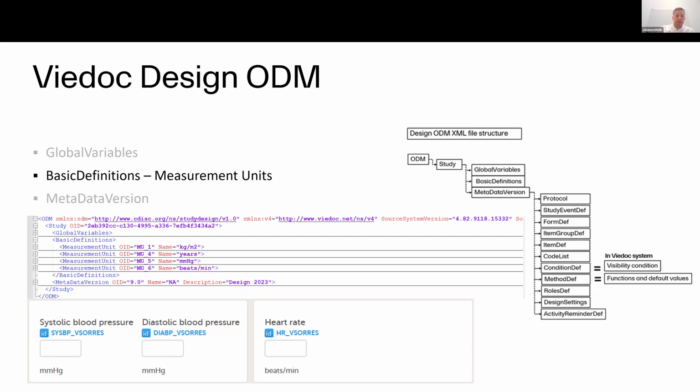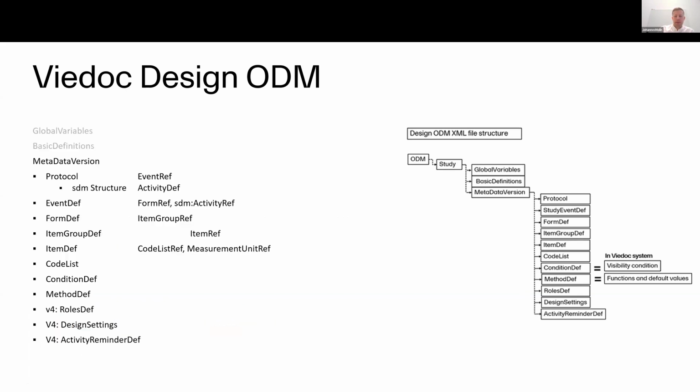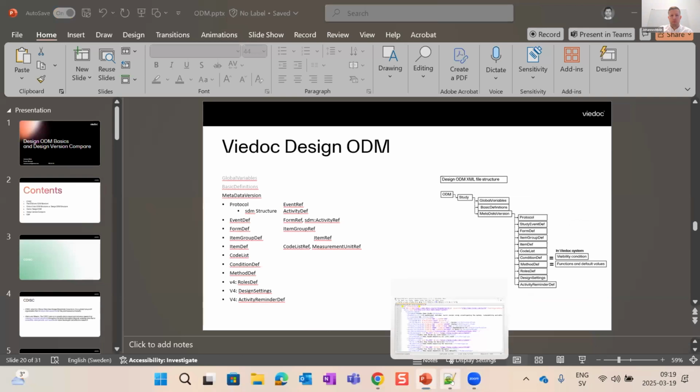And then number 3, we have the metadata version. But here I'm actually going to move away from the PowerPoint presentation for a while. And I'm going to try to display this in another tool to look at the real design. So let's see if this will work.